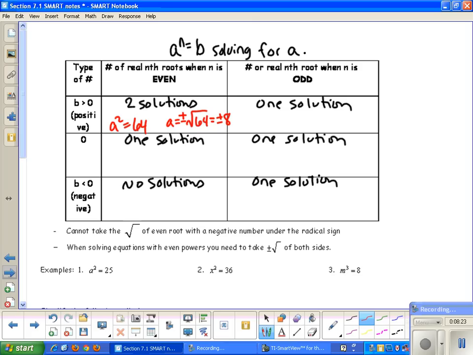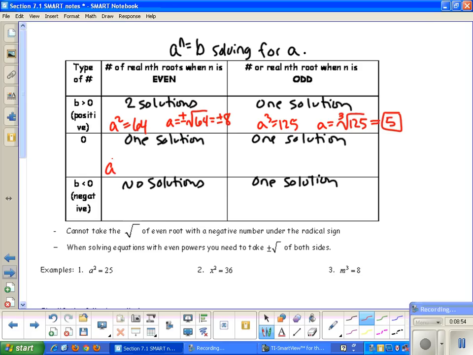Now over here it says we want to solve a cubed equals 125. For this one, I take the cube root of 125, so a is equal to 5. I can't have negative 5 as my answer because negative 5 times negative 5 would be positive 25, and 25 times negative 5 would give me a to the third power equals negative 125. So if instead that was a to the third power equals negative 125, my answer would be negative 5.